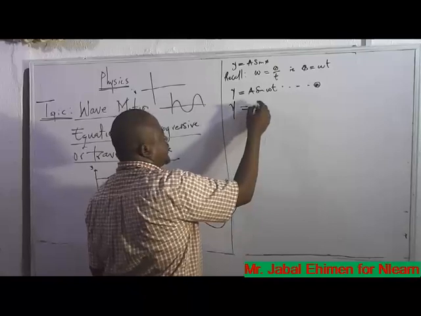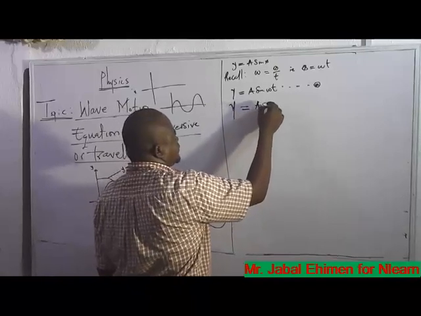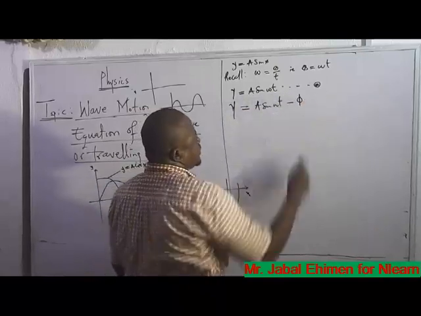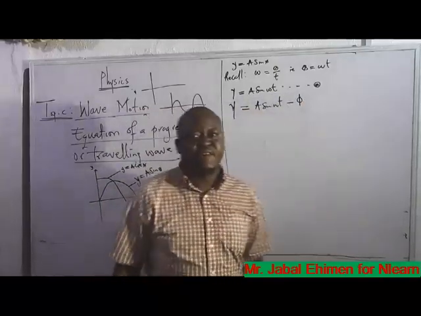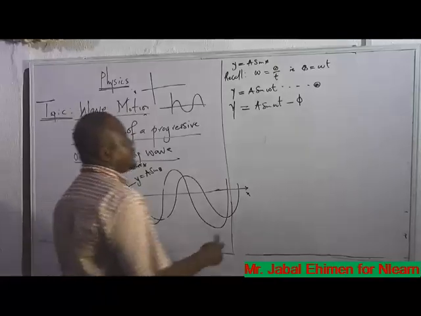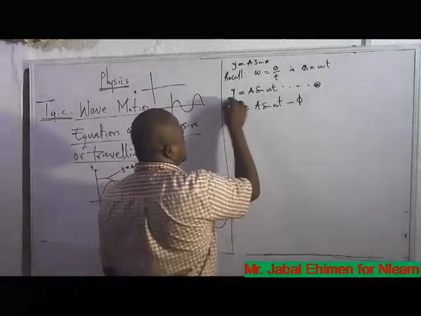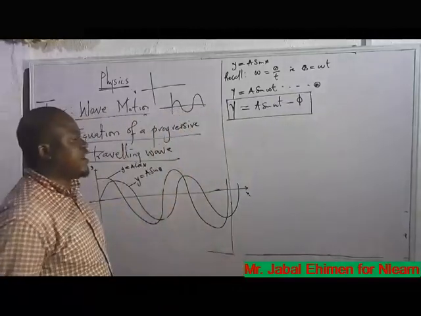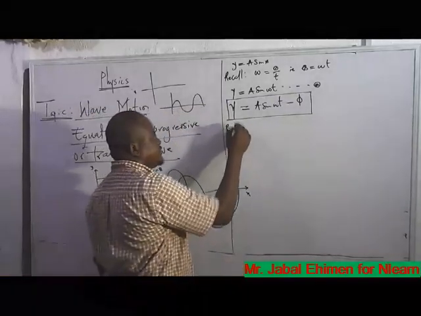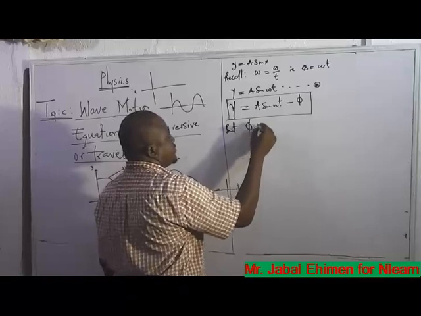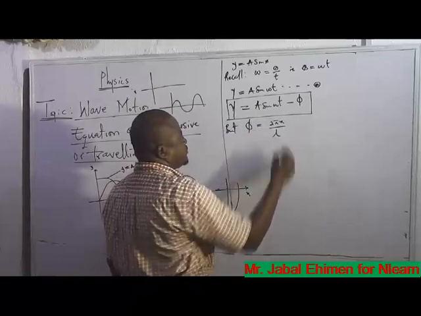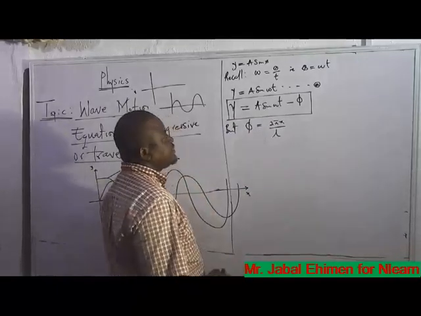So, we say Y is A sine Wt minus phase difference. It is denoted as phi, phase difference as phi. So you must take note of this, very important. That's the first thing. But this phi, which is the phase difference, phi itself is 2 pi x over lambda. That's another thing entirely.